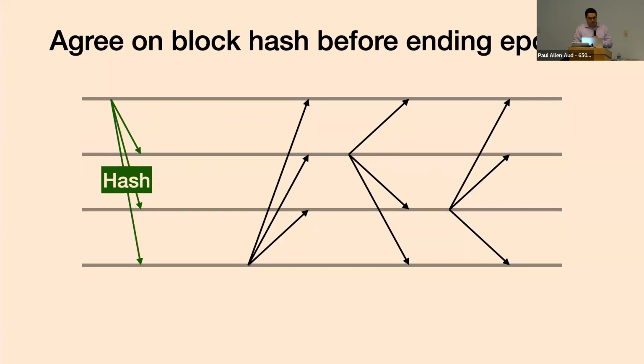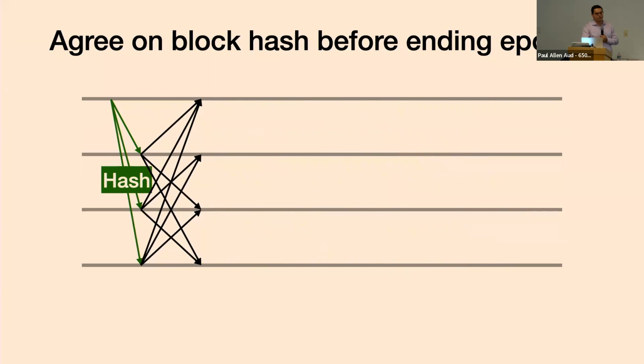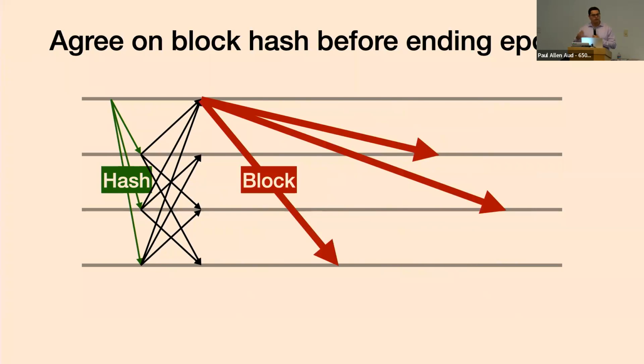This is hopefully a lot smaller than the block, so all the nodes, even the slow nodes, can download it quickly. They could then vote, come to agreement that this is the block they're going to be appending to their logs, and then move on to the next epoch. And then later on, every node could go ahead and download the actual block, and at that point execute the transactions and so on.